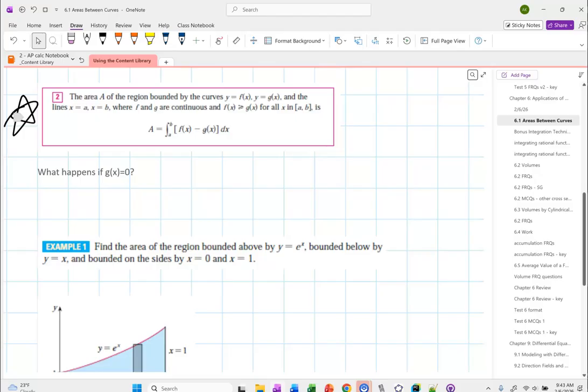Now, notice that there's a condition here. What's the condition to use this formula? That f of x is always greater than or equal to g of x on the entire interval. What's going to happen if they cross and they switch which one's on top and which one's on bottom?